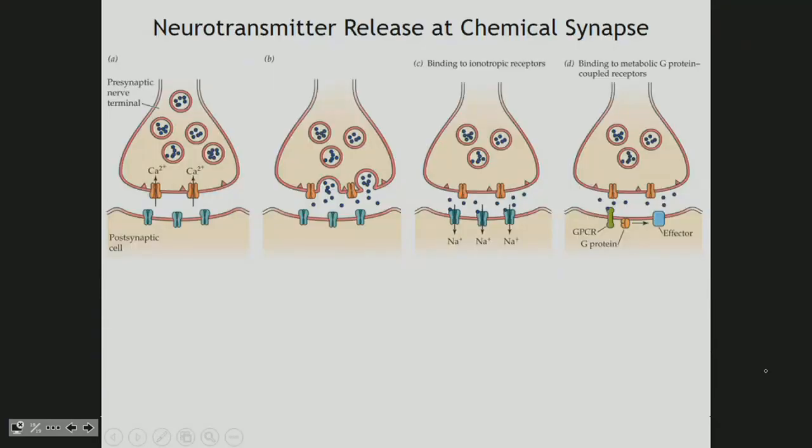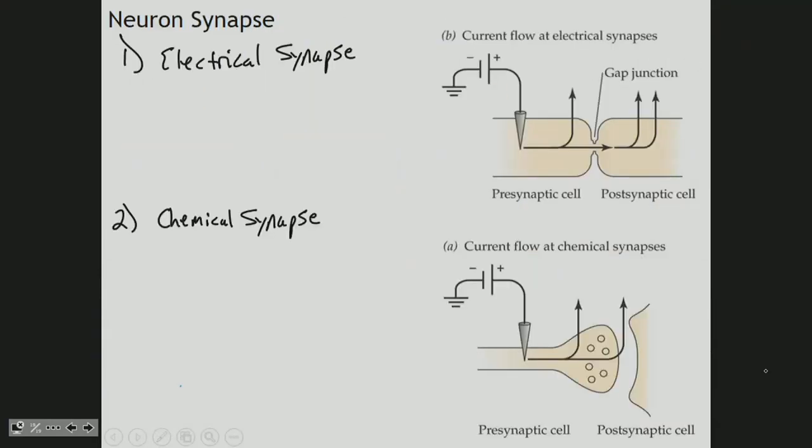The last two slides deal with information flow at synapses. This is basically how you're taking the production of an action potential, which we just talked about, and conveying it from one cell to the next cell. And you can do that electrically with an electrical synapse. And that's where you would have a gap junction. So you basically have two membranes that are next to each other, and you've got proteins that are spanning both membranes.